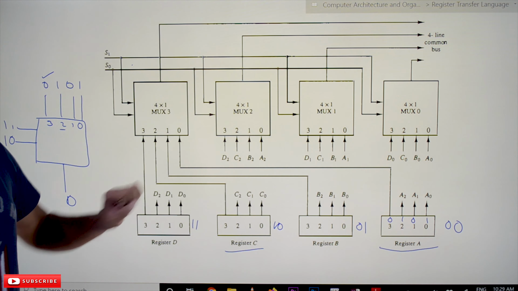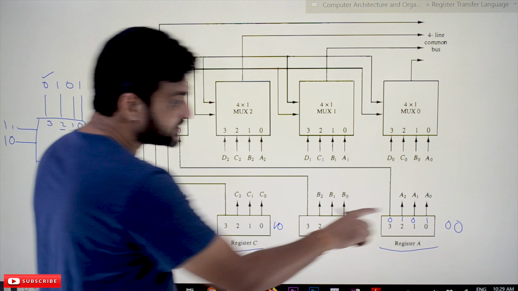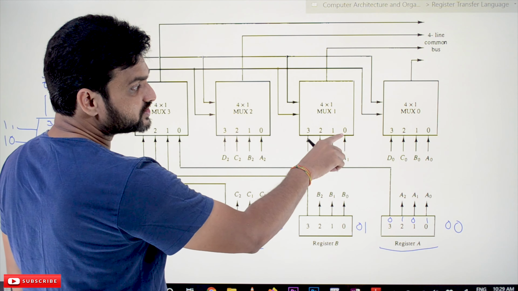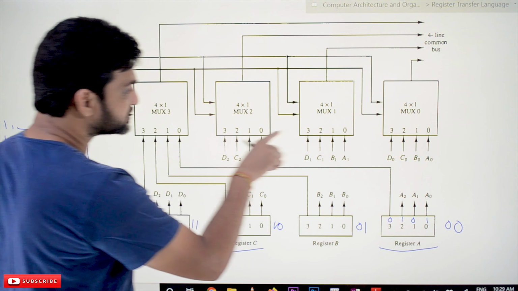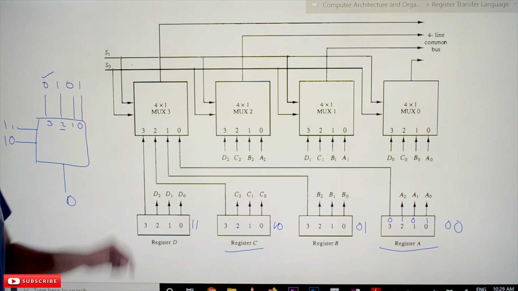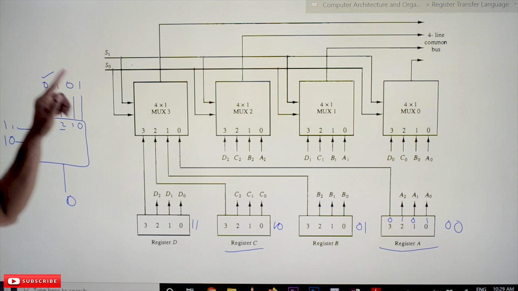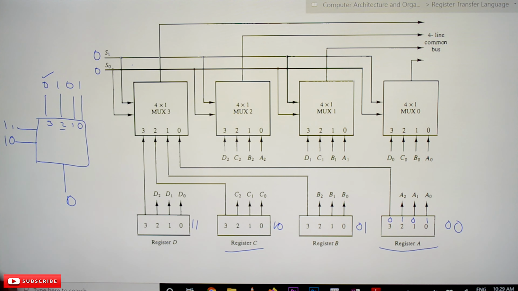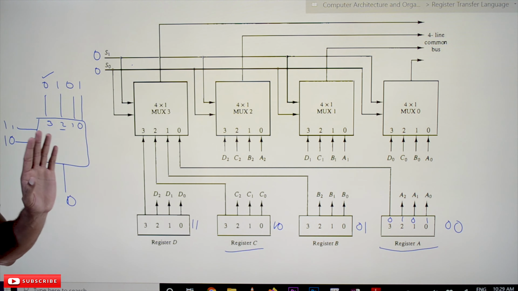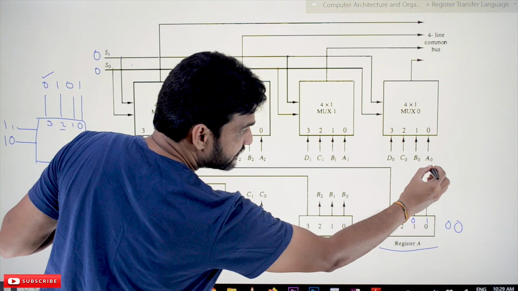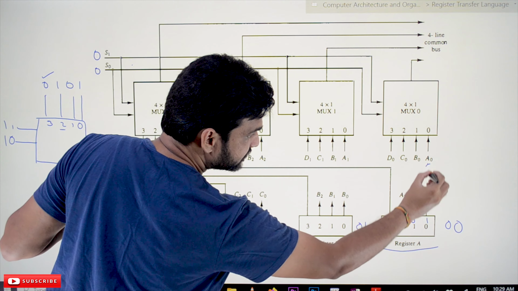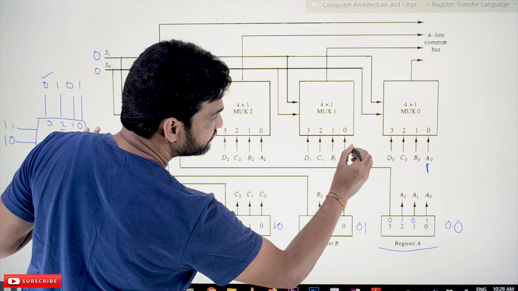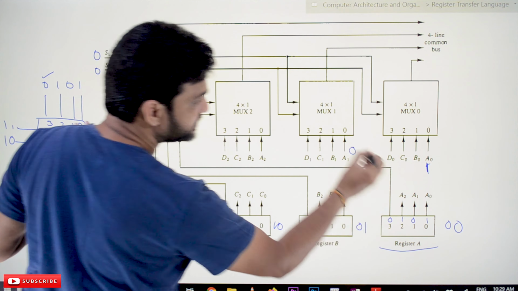Now, based upon the interconnections, A0 is connected to the 0th input of this multiplexer, A1 is connected to the 0th input of this multiplexer, and A2 is connected to the 0th input of this multiplexer. This means that whenever we give the select lines as 00, what is the output that is generated here? The value present here is 1. Because A1 has 0, the value produced here is 0.